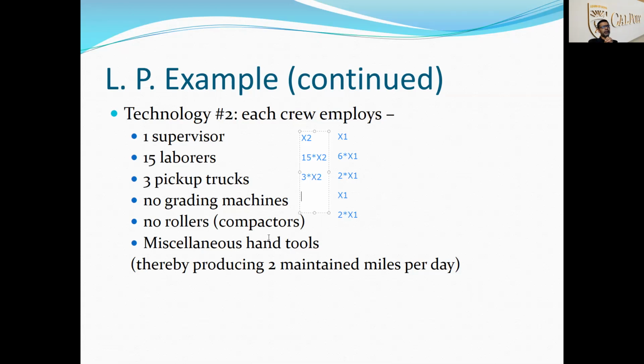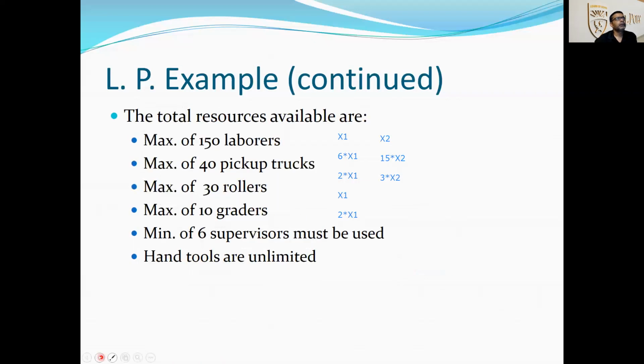Is this clear to everybody? Let me put this out over here because then I can start writing my constraint equations. Questions about this? No questions here, that's good. So now let's write the equations.